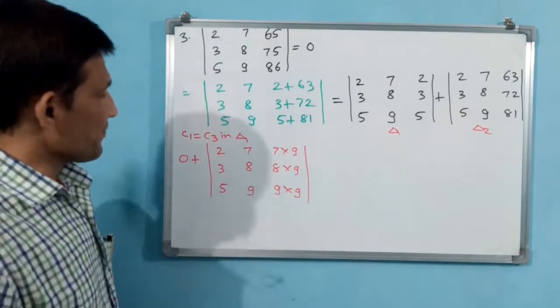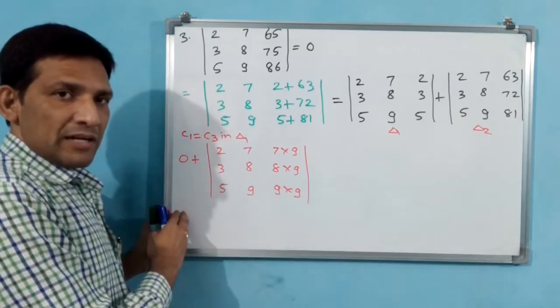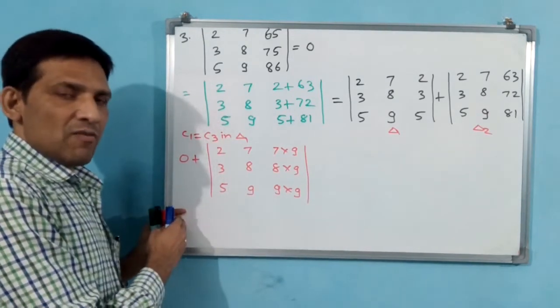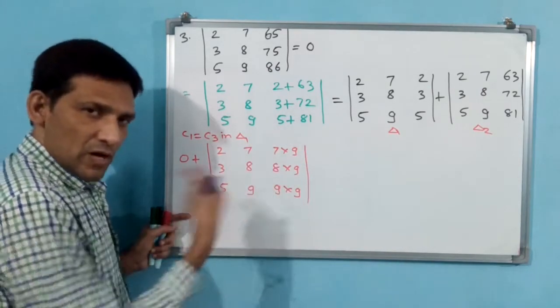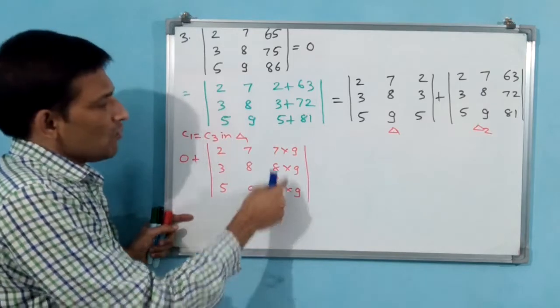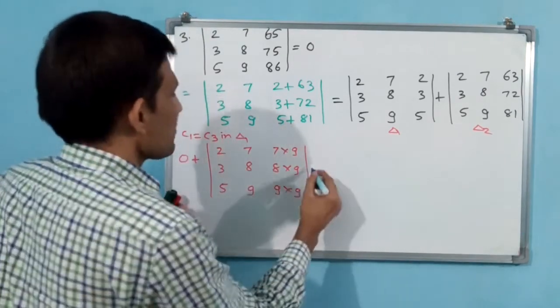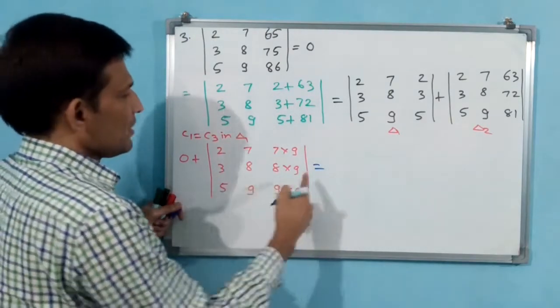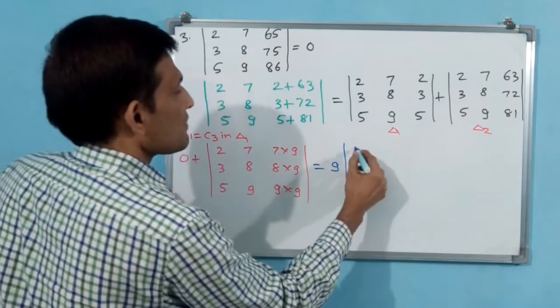Now you tell me, if you want to multiply with any scalar k or 9, what you are going to do? You are going to multiply any row or any column. Here we have multiplied this column, then we will take it out. That's all. Okay. How it becomes? You see, now 0 you need not write. You take this 9 outside. Again you write 2, 3, 5.